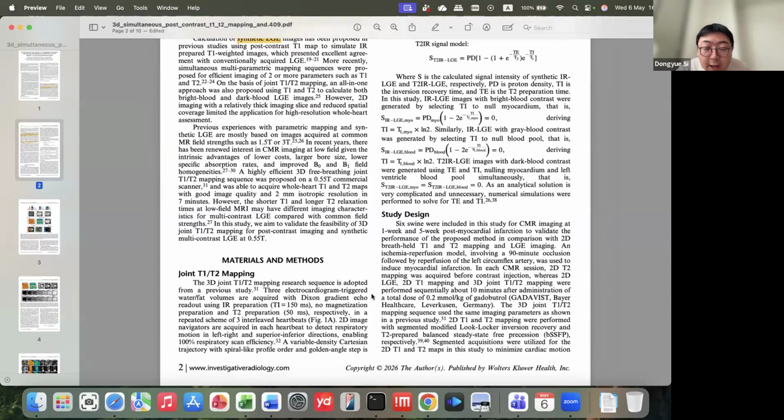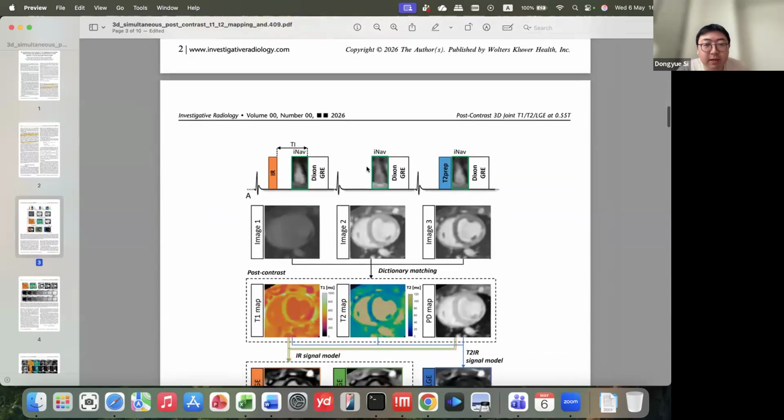This sequence has been presented in a previous technical paper at MRM. 3D volumes are acquired using an interleaved scheme, using inversion recovery for the first image, no preparation for the second, and T2 preparation for the third.